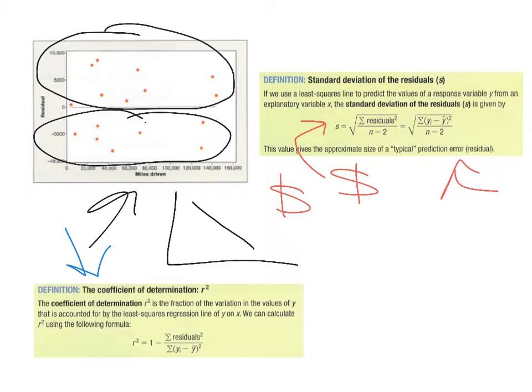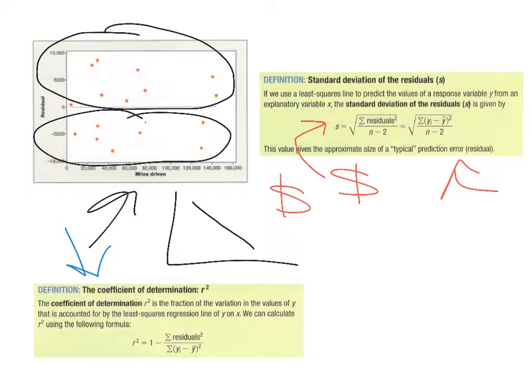Basically, the higher your r squared value is, the better your line is. It gives you the amount of variation that's accounted for by the linear model. So if a lot of the variation is accounted for by the linear model, then we've got a really good model here. If the r squared is really low, then not much of our variation is accounted for here, so our model is maybe not quite as strong.